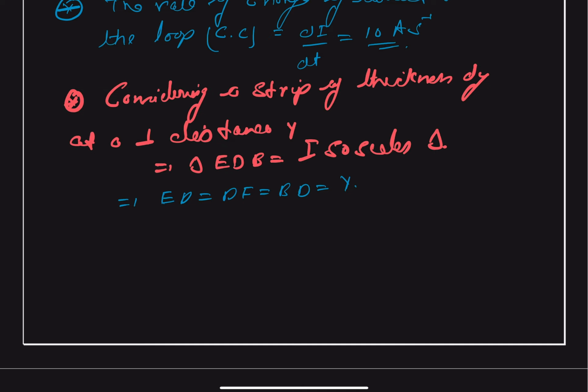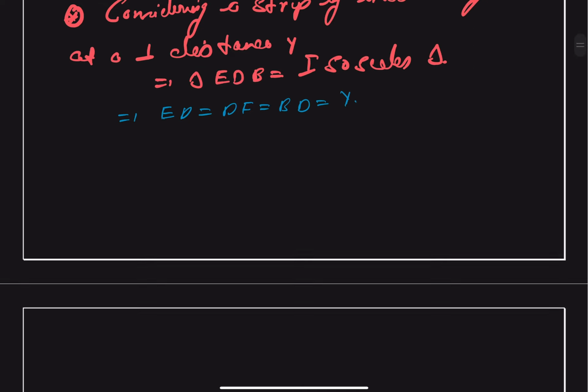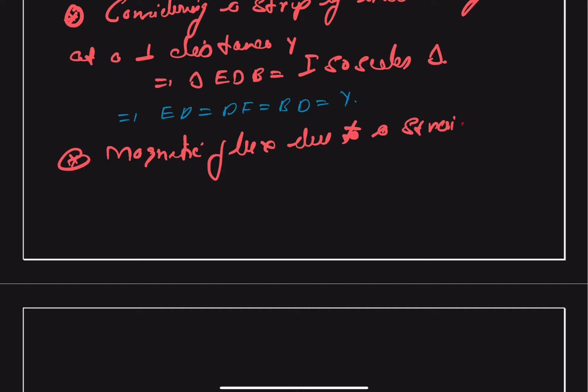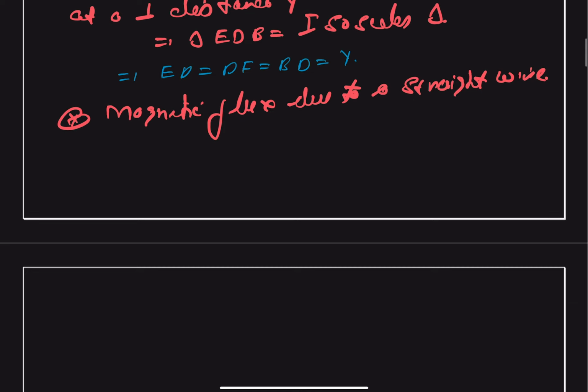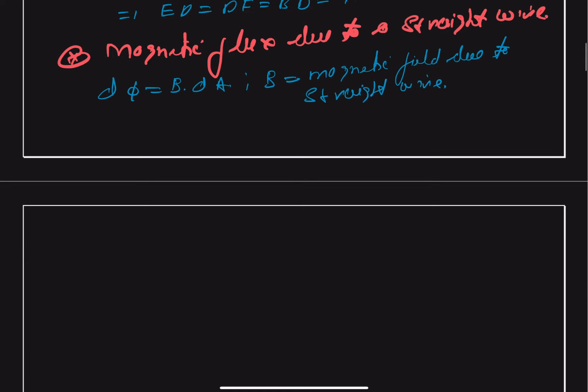Now we can write the magnetic flux due to a straight wire as d phi equal to B multiplied by small area dA, where B is the magnetic field due to the straight wire and dA is the area of the strip.